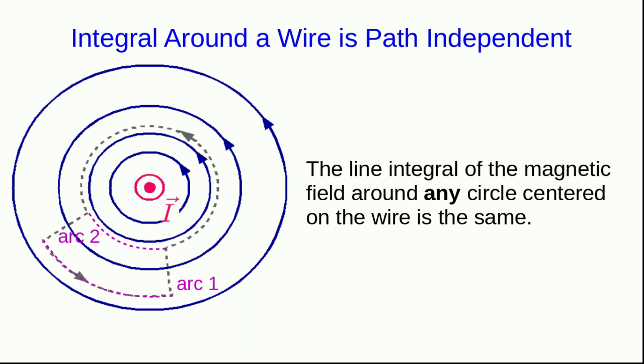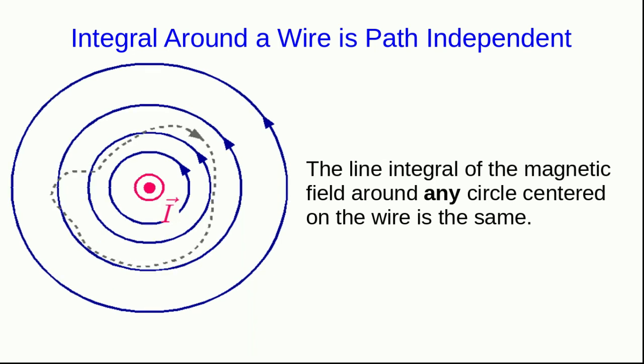Well, we know the line integrals along those radial sections are 0 because we're going perpendicular to the field there. And because the integrals around circles are all the same, we know that the integral along arc 1 must be the same as the integral along arc 2. And so the integral around this non-circular path is exactly the same as the integral around a circular path.